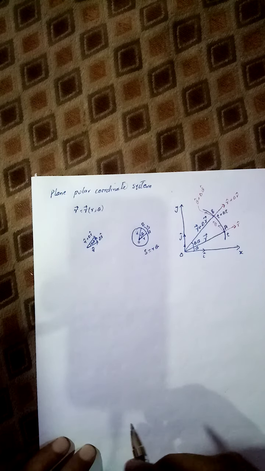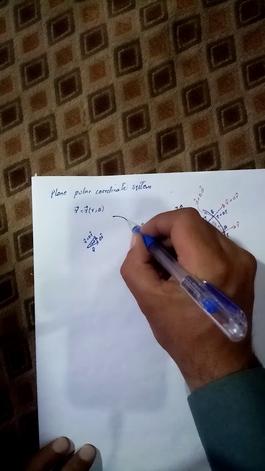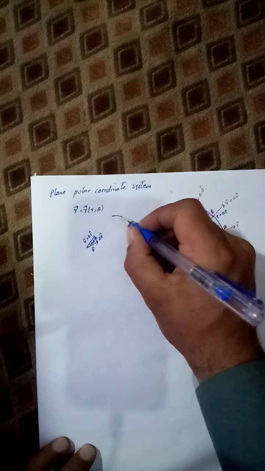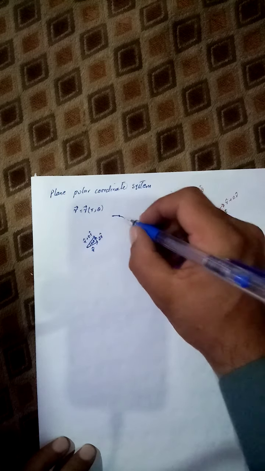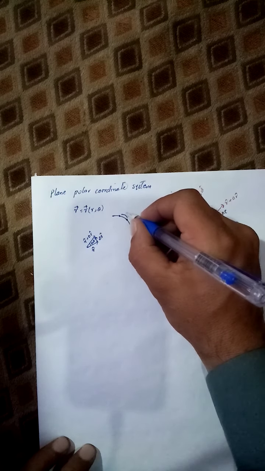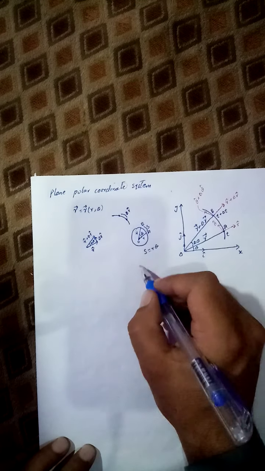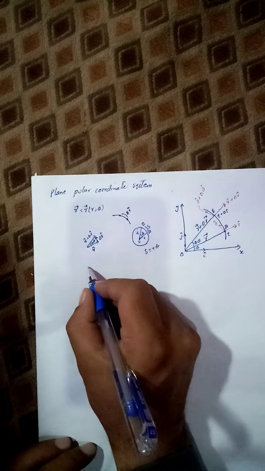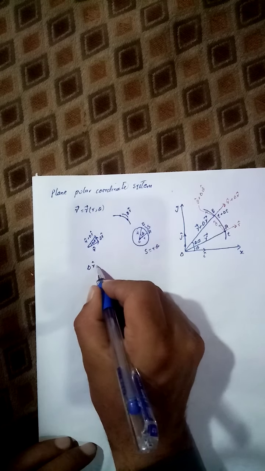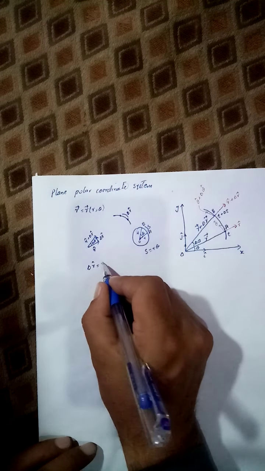The same approach we will apply here because the particle is moving in a curved path from A to B, and we need to calculate this arc length, which is delta r cap here. Using the same approach, this arc length delta r cap will be equal to r cap times delta theta.